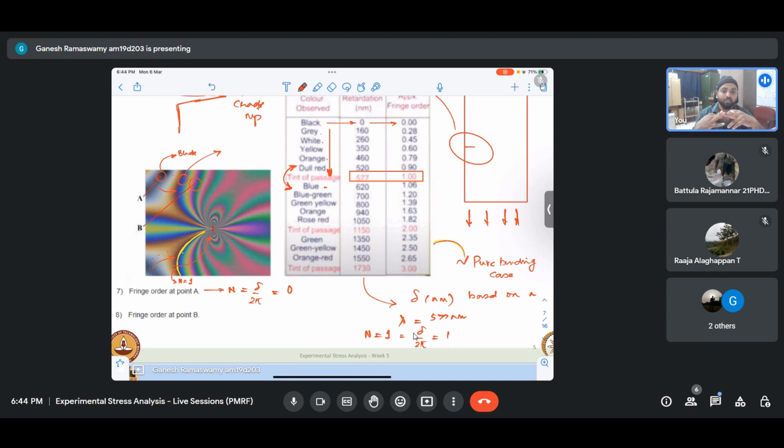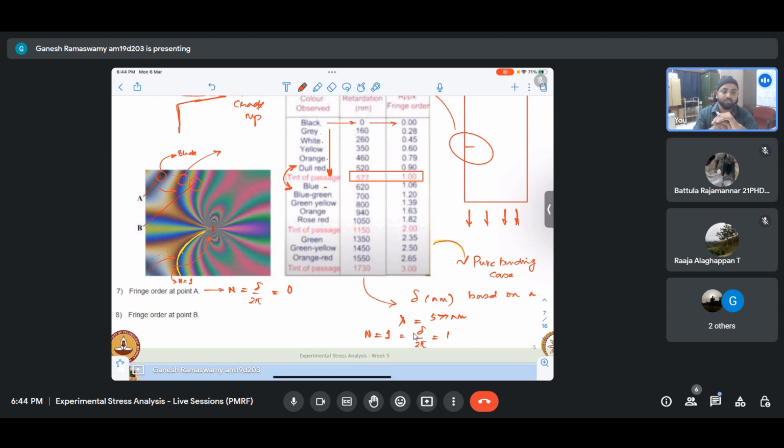But for monochromatic light, there is no color calibration. Essentially, you will be seeing only black and white bands, in which case you would have to supplement that with some colored light, or maybe, as it is said in the lecture also, you start loading the problem slowly so that you know how the fringe evolution is taking place. So these are some of the challenges which need to be kept in mind while attempting experiments.